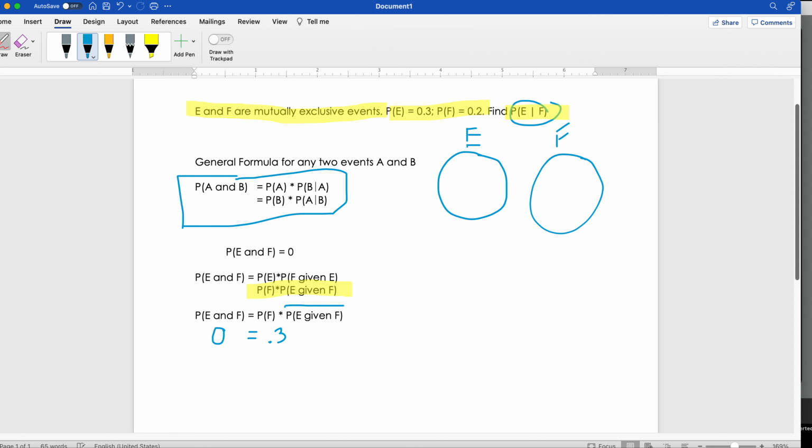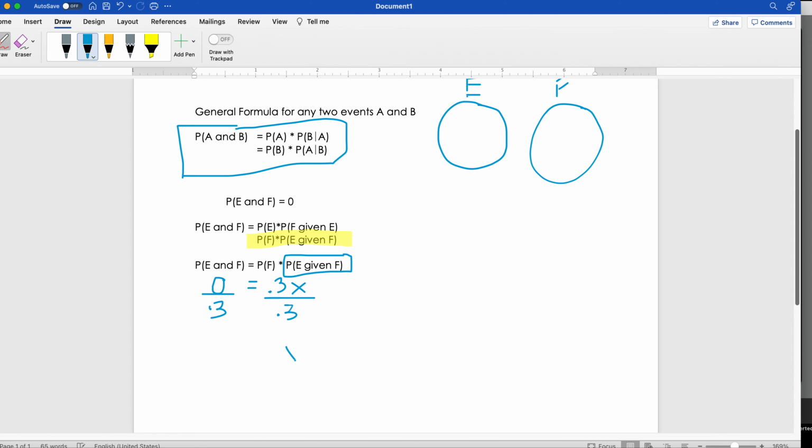And this is what we're looking for. So just like you were solving an algebraic problem, since this is what we're looking for, I'm going to label that as x, and I'm going to solve for x. So in order to solve for x, I'm going to divide both sides by 0.3. And now, because I can cross off this 3, I can say x is equal to 0 divided by 0.3, which is 0.